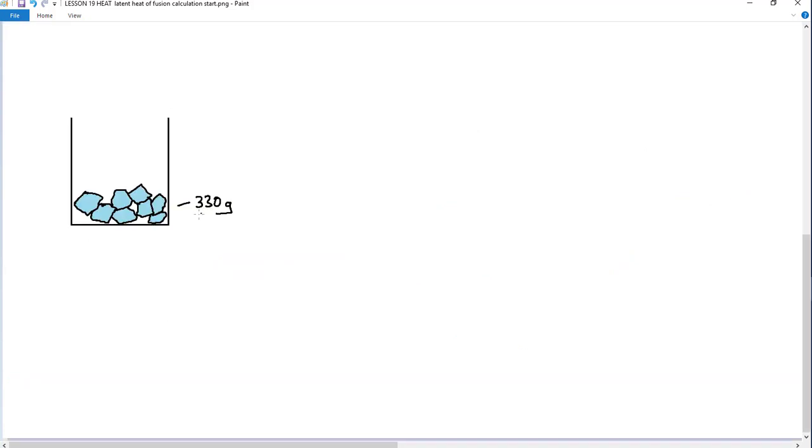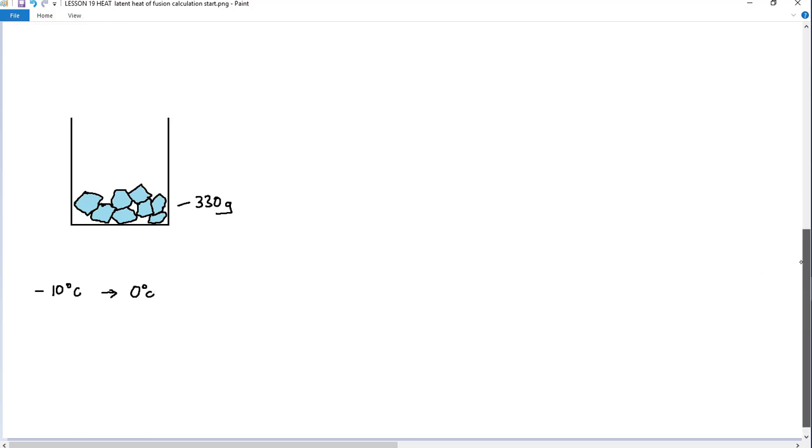Supposing we've got 330 grams of ice cubes in a beaker and we want to know exactly how much heat is required to melt those ice cubes, assuming that they've just started to melt, so that we've just reached 0 degrees Celsius. Perhaps the ice cubes started off at minus 10 degrees Celsius, and the temperature has just risen and they've just reached 0 degrees Celsius.